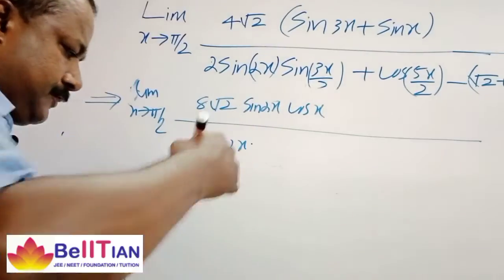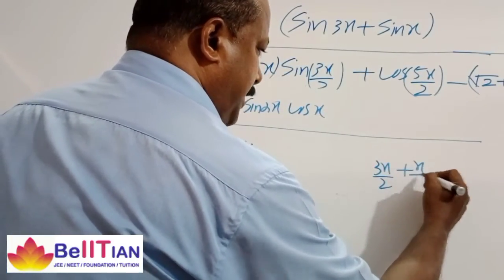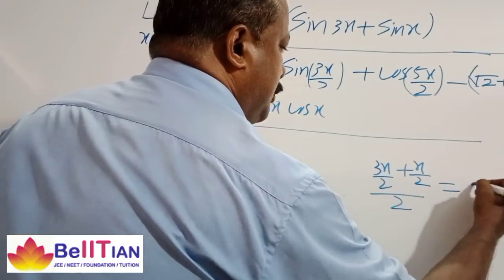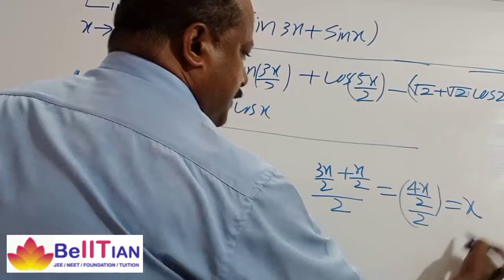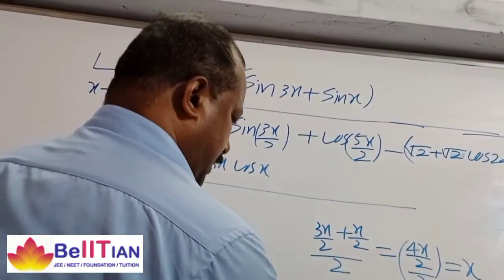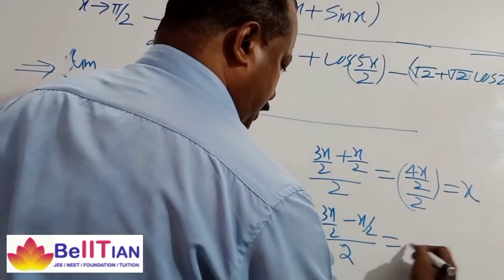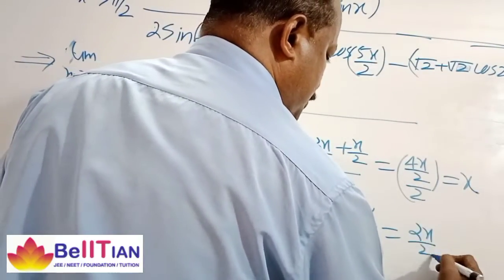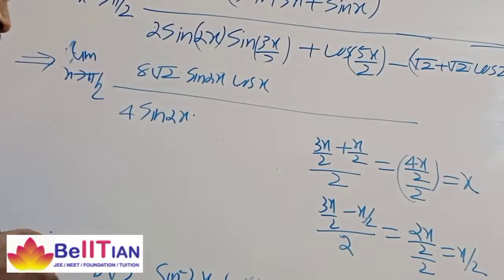Here, 3x divided by 2 plus x divided by 2, the whole divided by 2, is equal to 4x divided by 2, the whole divided by 2, that is equal to x. Similarly, 3x divided by 2 minus x by 2, the whole divided by 2, is equal to 2x divided by 2, the whole divided by 2, that is equal to x by 2.